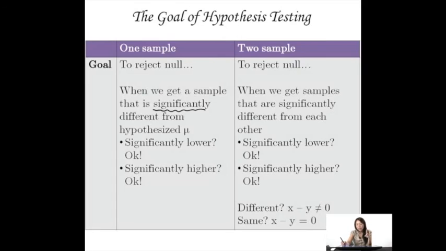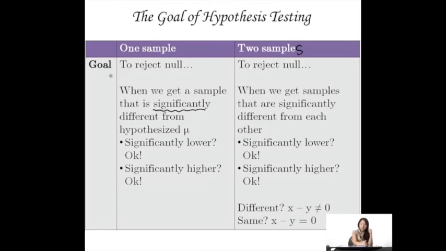Here, we have two samples, right? And in order to reject the null, we need to get samples that are significantly different from each other, right? So they stand out from each other. So X is different from Y, Y is different from X, right? That's what we're really looking for.